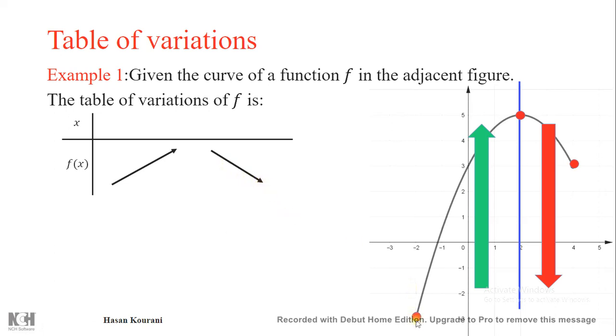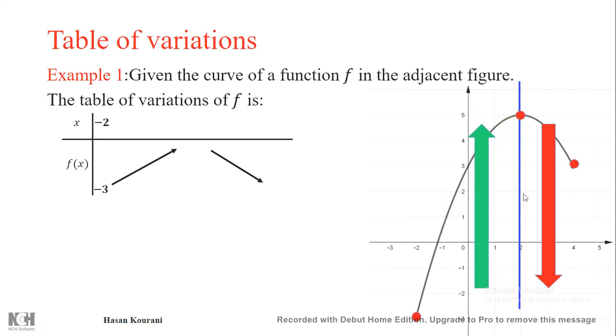Here, as you see, we have a glowing point. This point is of coordinates -2, -3. We place -2, -3 here. Be careful, -2 represents the abscissa and -3 represents the ordinate. Here we have another glowing point at the end of the first stage, where it stops increasing.